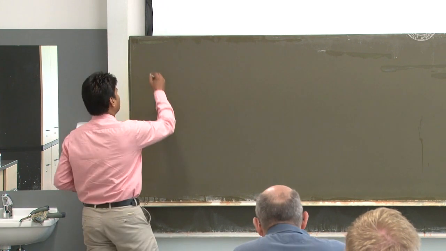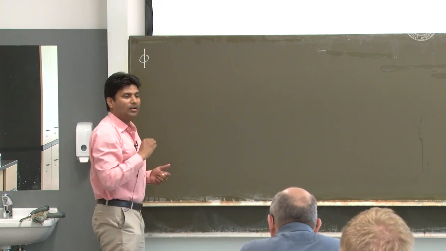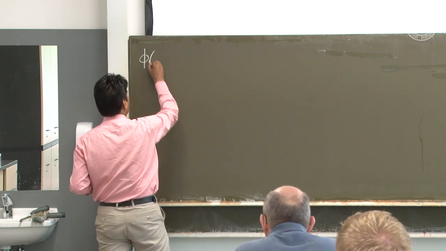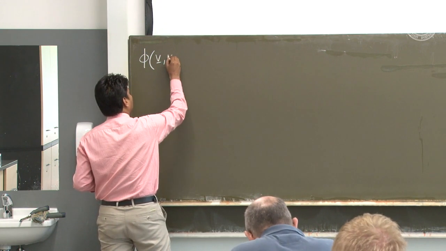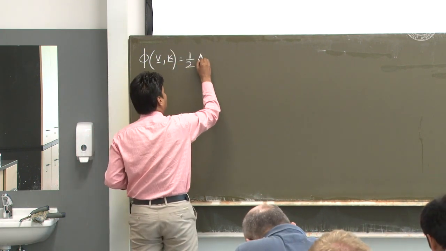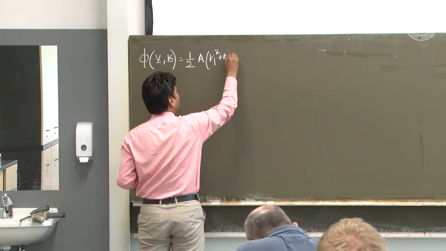And we had a very simple example of the strain energy function phi of v comma k, which was half of a times k1 square plus k2 square.